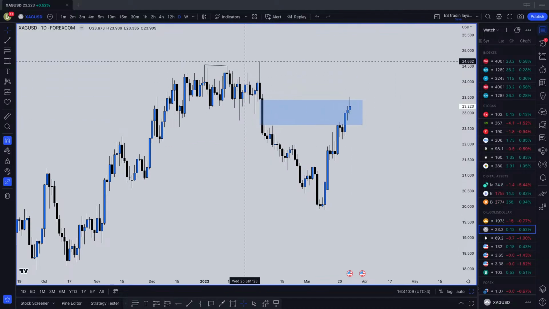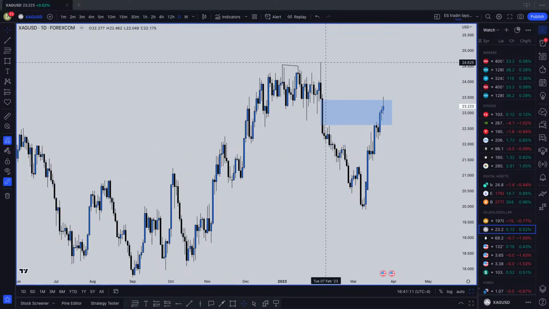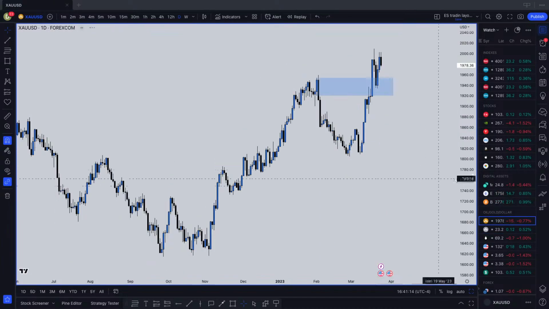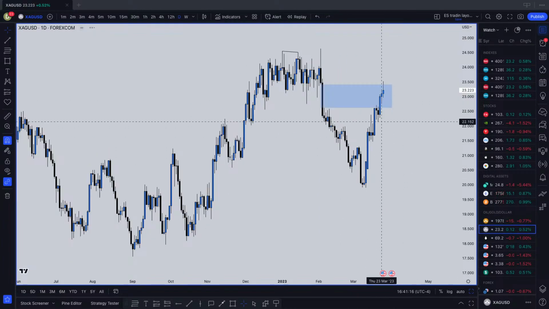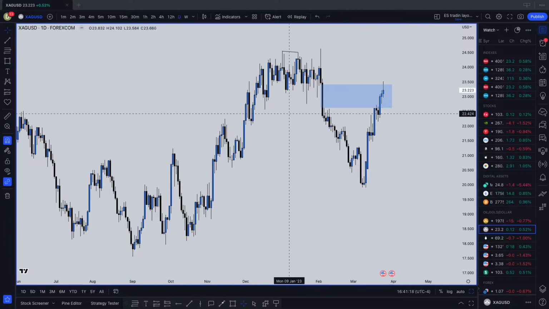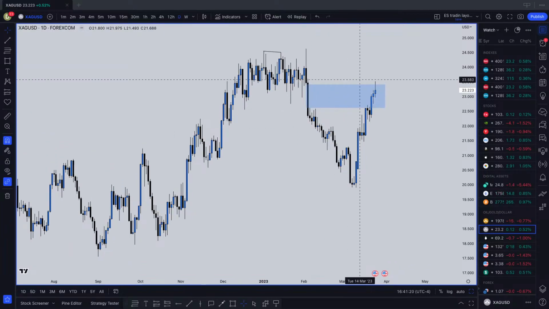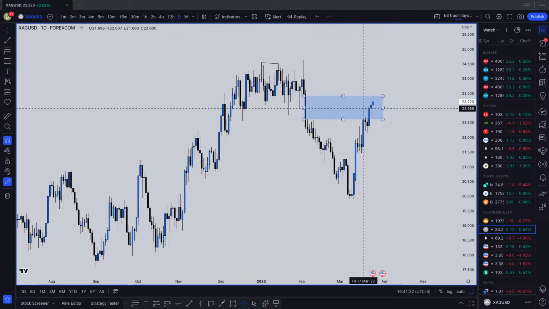So here we see that silver has actually been unable to take out these highs, whereas the gold market has. So for our gold traders, this is something to monitor, how silver trades. A symmetrical market would be silver also making a higher high. Silver failing to make that higher high is problematic for gold's upside continuation.